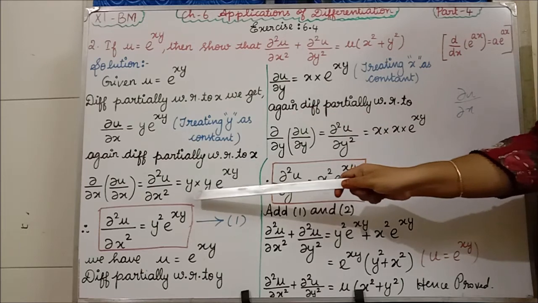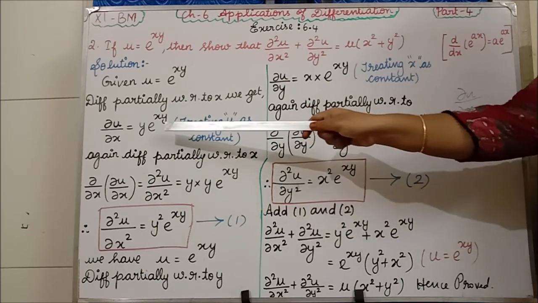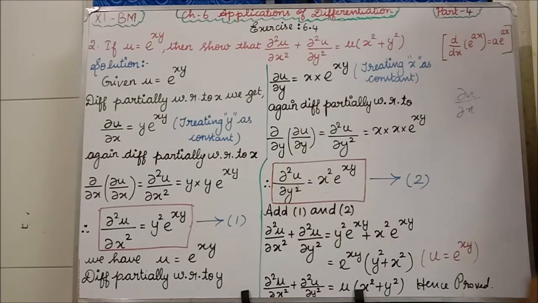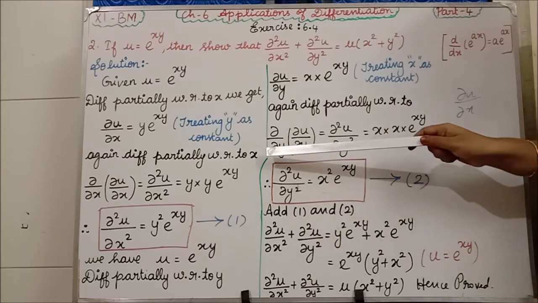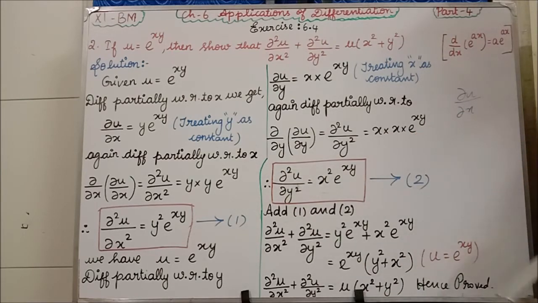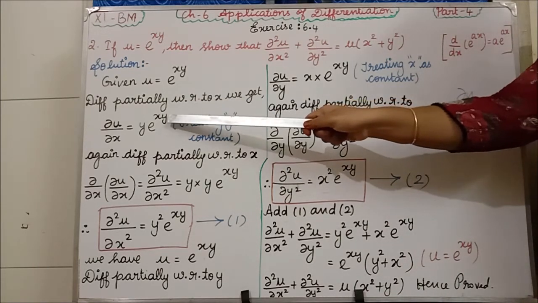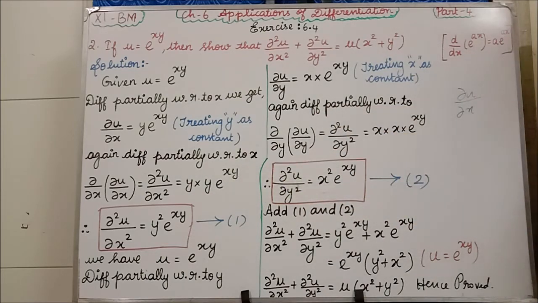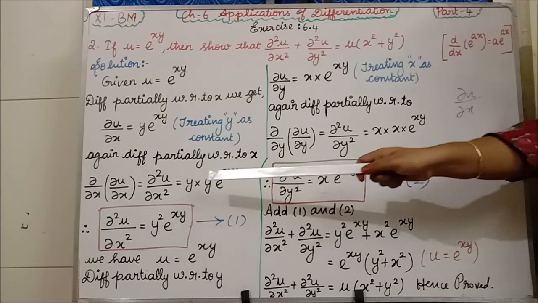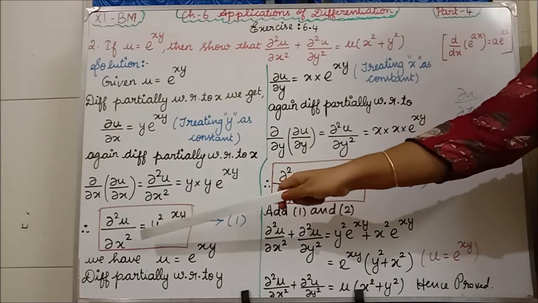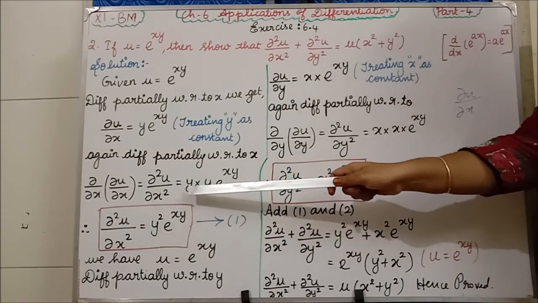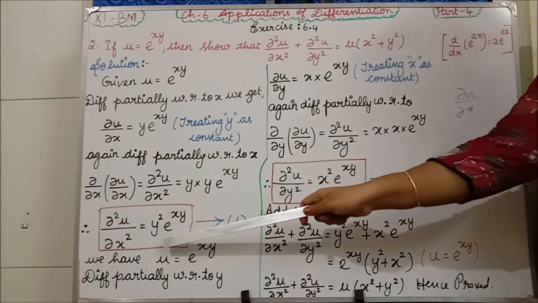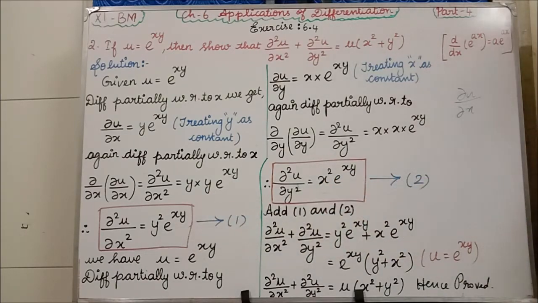We already have y, so write that y. Again e power xy, differentiating with respect to x, y is the constant. So y into e power xy. So next step, del square u by del x square is equal to y into y, which is y square, e power xy. Clear all of you?